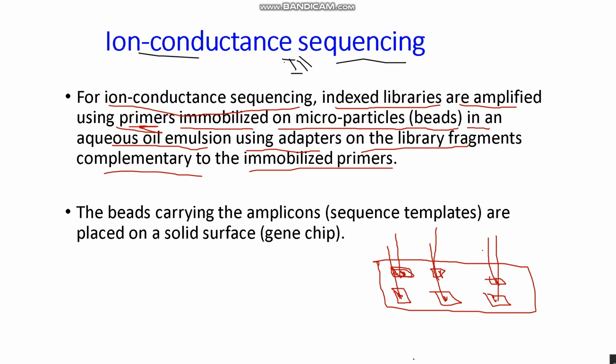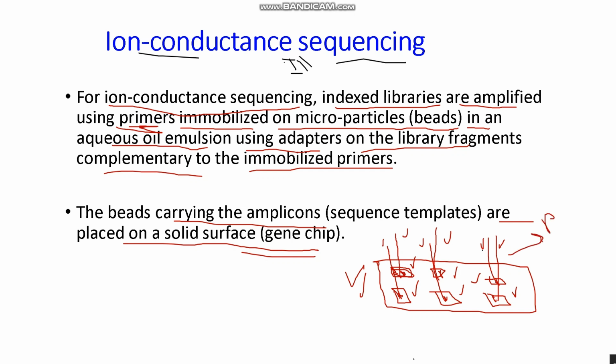The beads carrying the amplicons are placed on a solid surface, the gene chip. Primers are attached to it, and the DNA fragments are ligated to the primers, and then the DNA fragments are amplified by PCR.